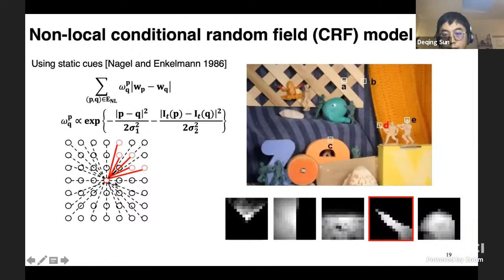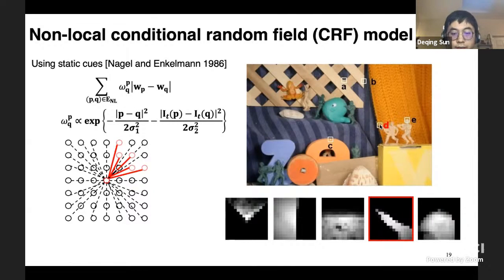Here are some examples from this input image. For the neighborhood, the center pixel lies on the center. The brighter means larger weight. So it will give larger weight to pixels on the same rifle, but smaller weight to the rest of the background, because the color distance is very big.